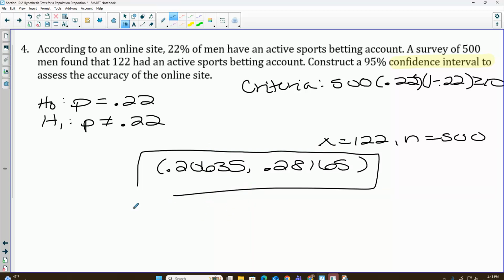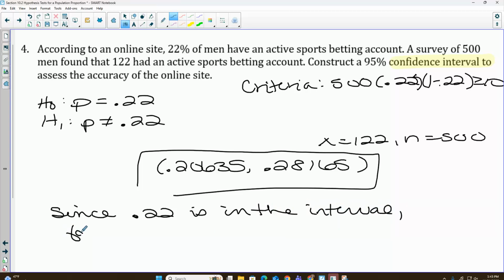So would I reject or fail to reject? Yeah. Since 0.22 is in the interval, fail to reject. There's not enough evidence to conclude that the site is inaccurate.